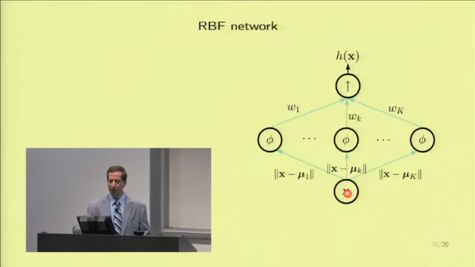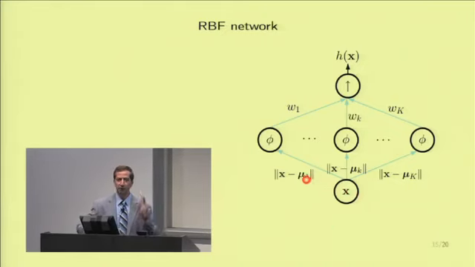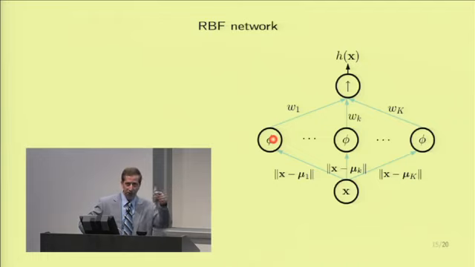I have x. I am computing the radial aspect, the distance from mu_1, up to mu_K, and then handing it to a nonlinearity. In this case, the Gaussian nonlinearity. You can have other basis functions, like we had the cylinder in one case, but cylinder is a bit extreme, but there are other functions.